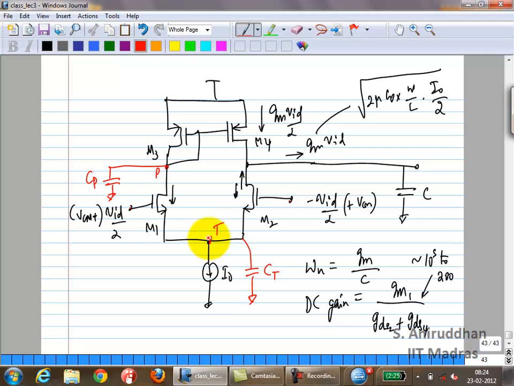So even though the circuit is not purely differential, VT is going to be approximately 0, and you can neglect the effects of CT. Obviously if you have mismatch, that changes, but to a large extent you can neglect CT.